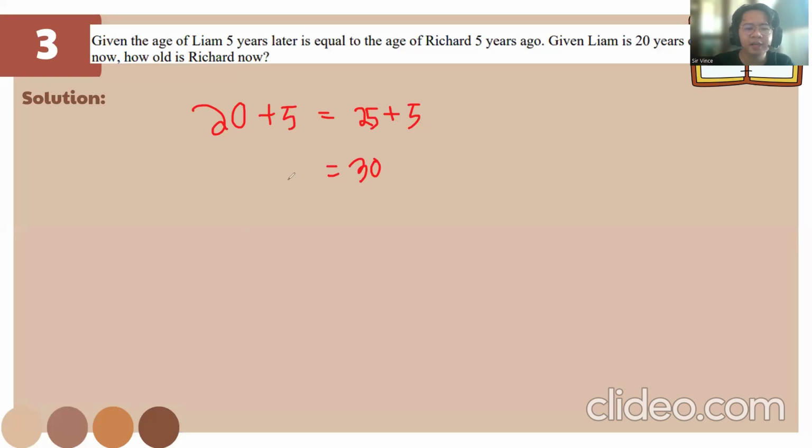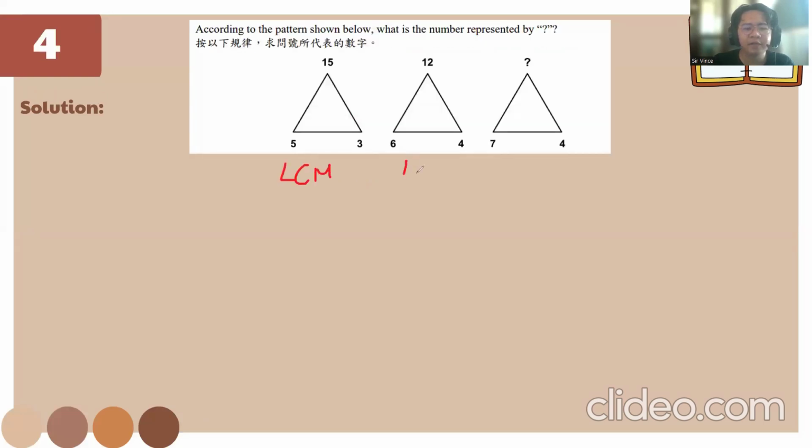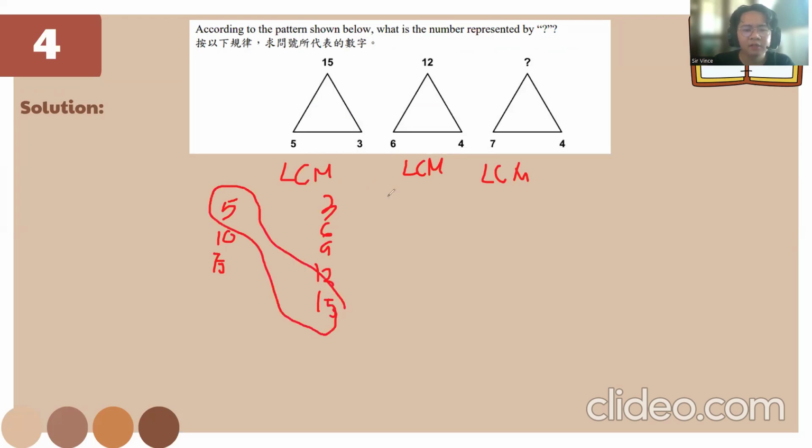Okay. And lastly, number 4. Okay, class, this is LCM. Okay, LCM. 5, 10, 15. 3, 6, 9, 12, 15. Okay? 6, 12. This is 18 and 24. This is 4, 8, 12, 16, 20, and 24.